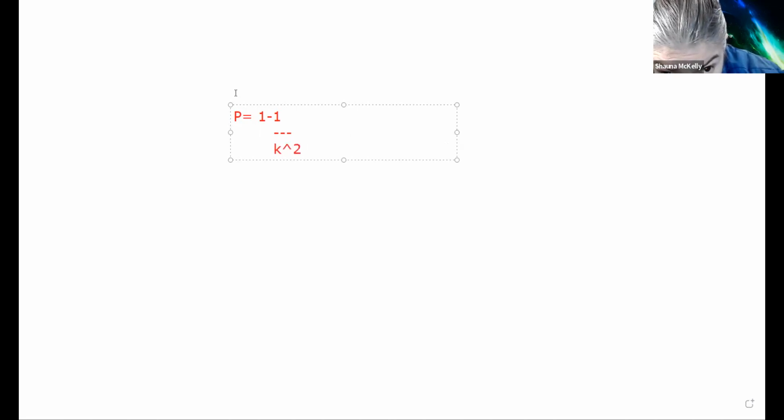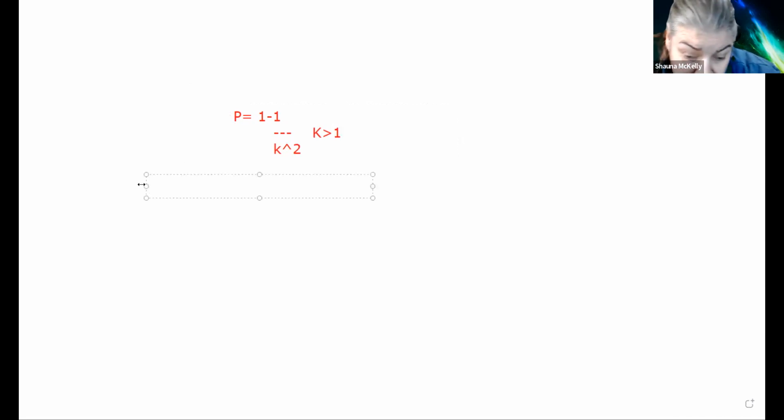Basically what this says is that this is 1 minus 1 over K squared, where K is greater than 1. Obviously, because if K equals 1, then the percentage is 0. So the formula doesn't work for K equals 1.